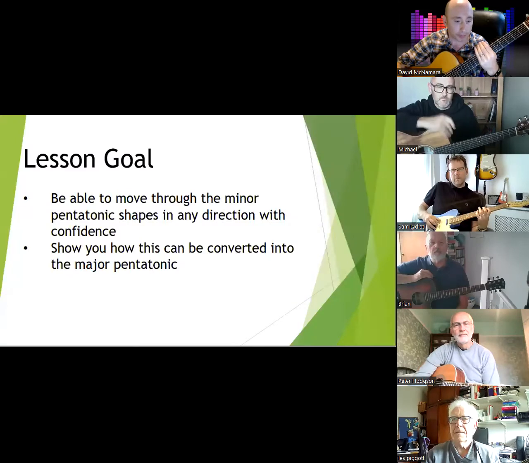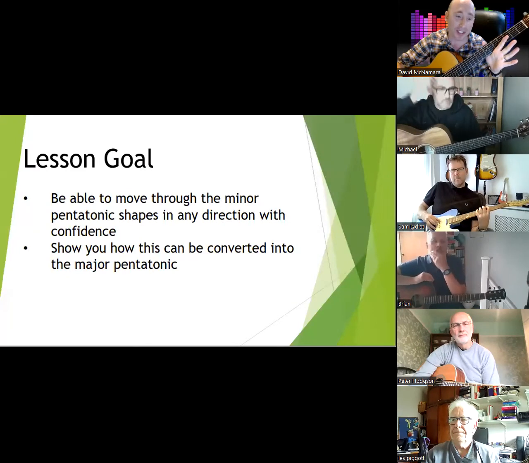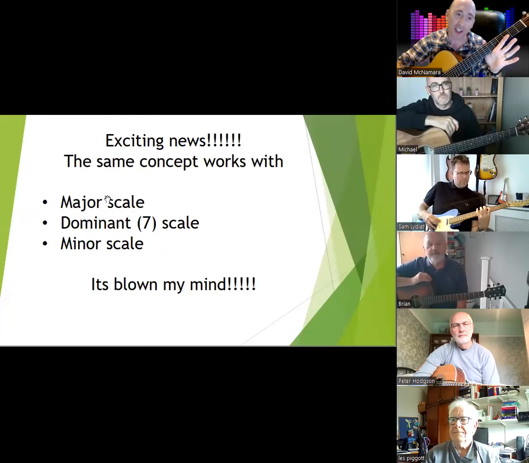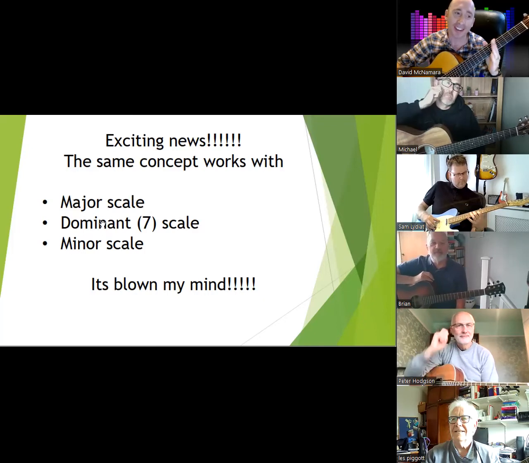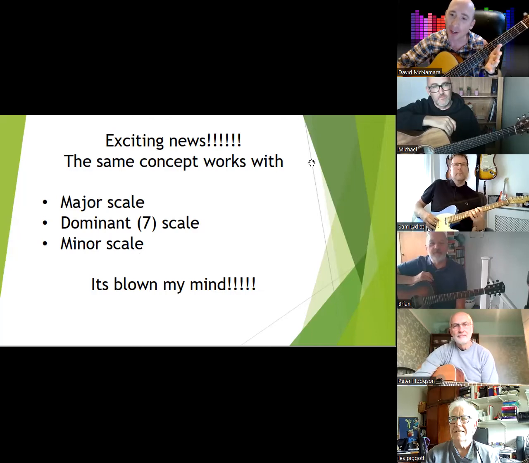Okay. So the exciting news that I've found out, exciting news everybody, the same concept works with the major scale, your dominant scales, your minor scales, the same concept of 5 little shapes. Always go one after the other, downwards and upwards.